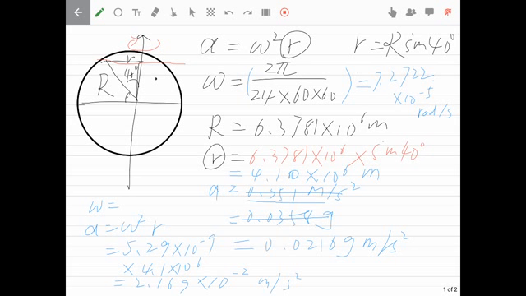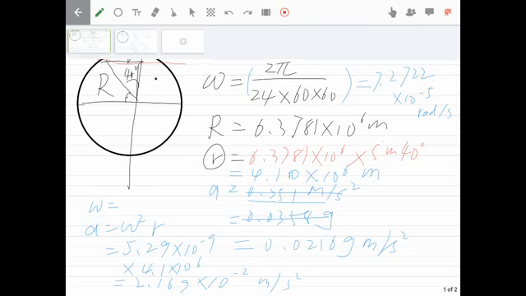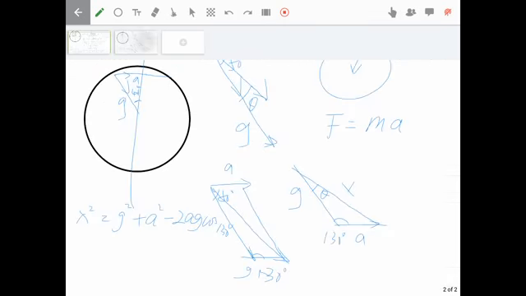I think I just forgot to put sine in. Okay, I think that's the mistake I made. So then you have to recalculate the angle.